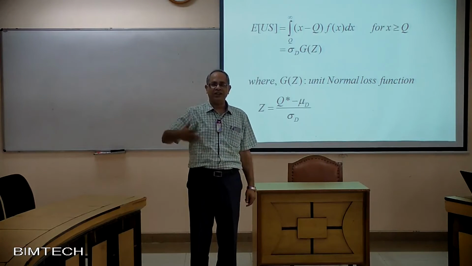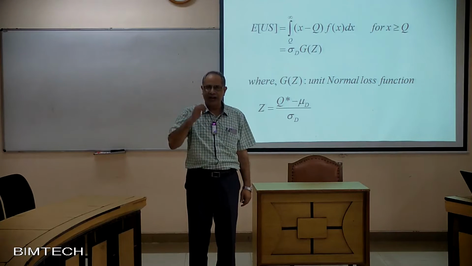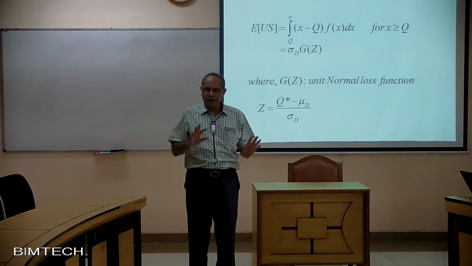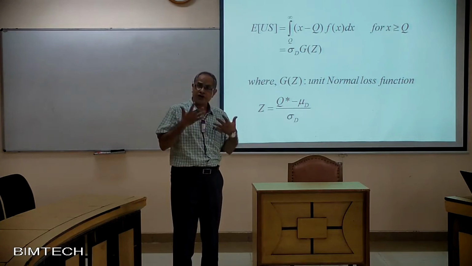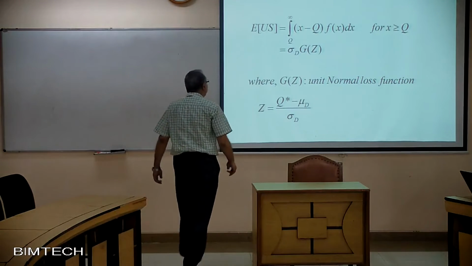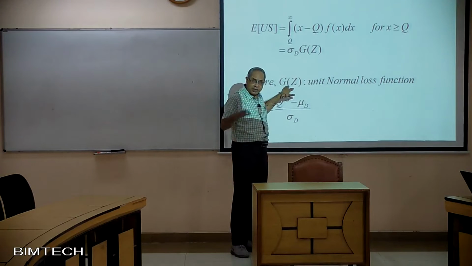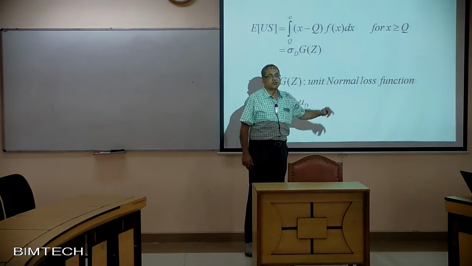There is a formula which you can use to calculate g(z), but because it's a standard function of z, we have tables just like the normal probability tables. We also have the tables for the unit normal loss function.